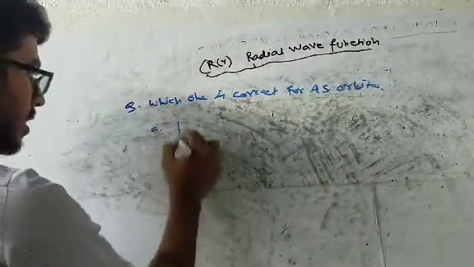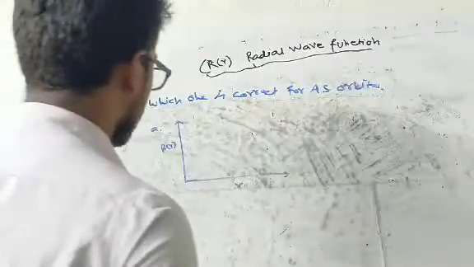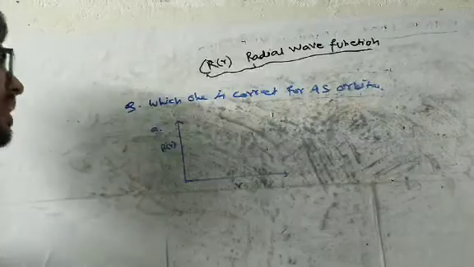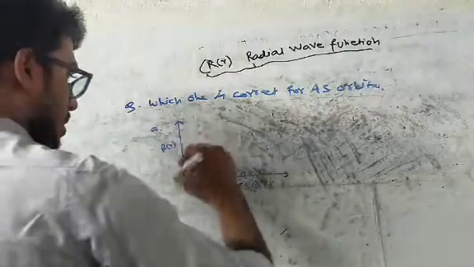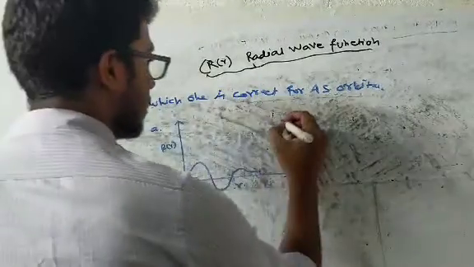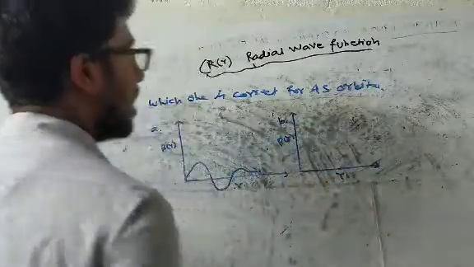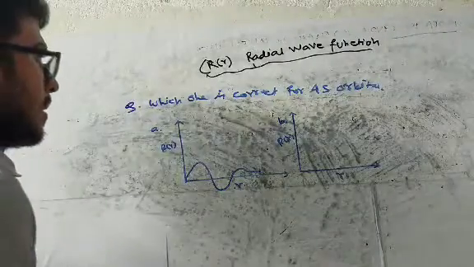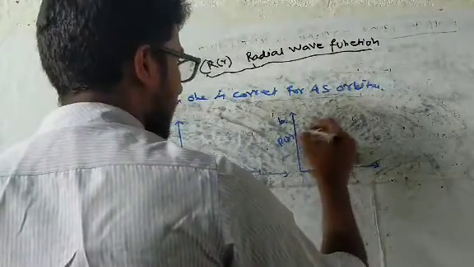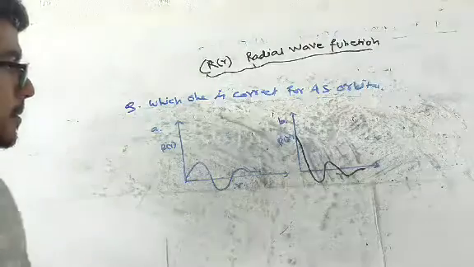So option A, my graph looks like this, R of r. Option B, R of r looks like this.